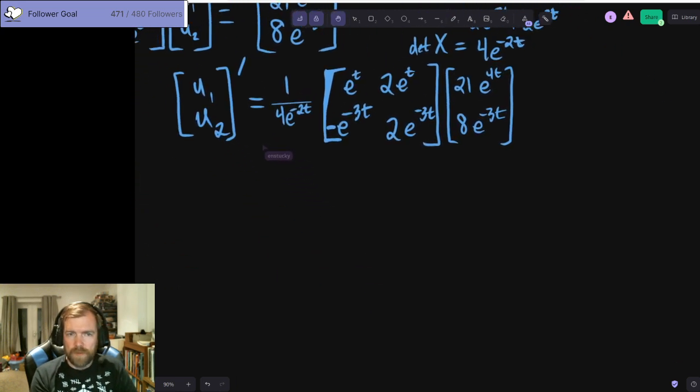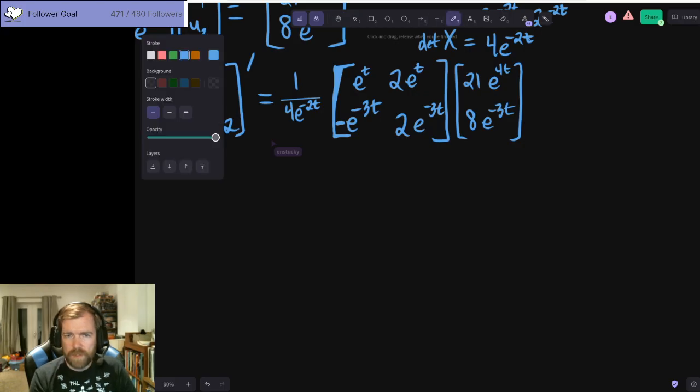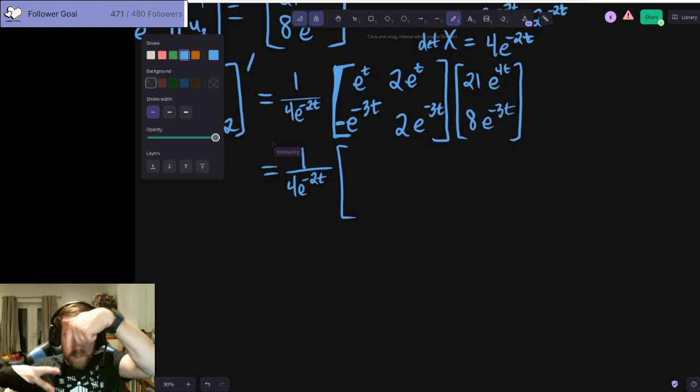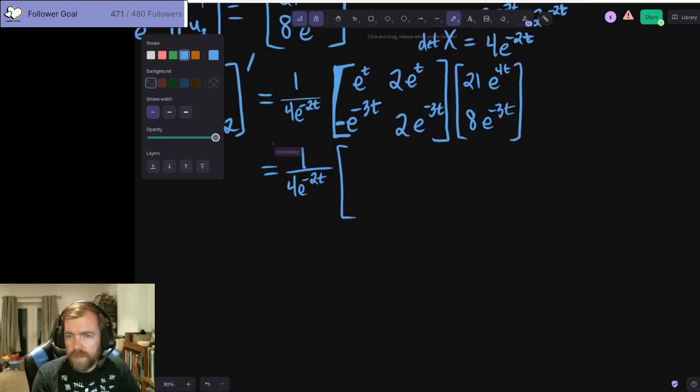So u1, u2 prime should end up with a matrix solution. 1 over 4 e to the negative 2t, and here we get a 2 by 1 matrix, which is going to be e to the 5t times 21 plus 16 e to the negative 2t.